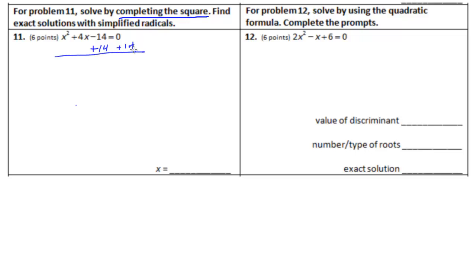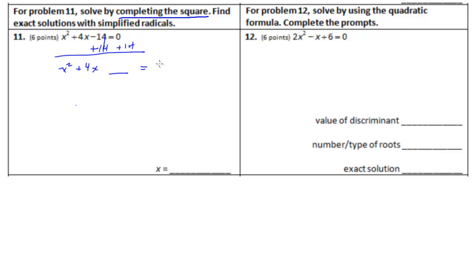That's our first step. And that cancels this off over here. So we've got x squared plus 4x. Let me back up. Just x squared plus 4x. I'm going to leave myself some space here.